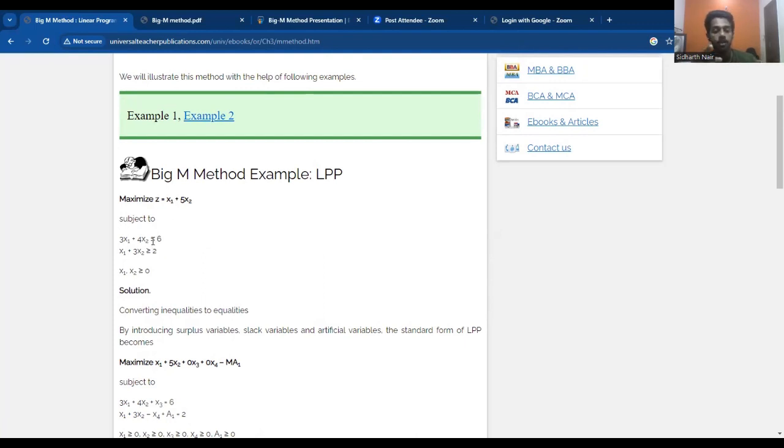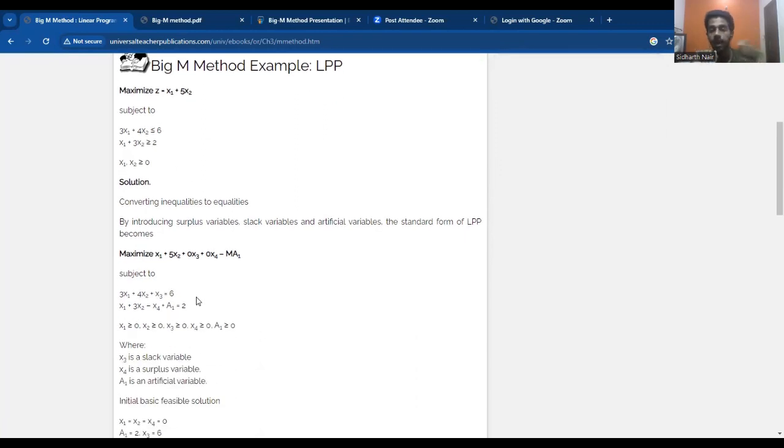Now see, here we have a constraint which is of less than type. So we won't need to add the artificial variable in that constraint. We will just be adding the artificial variable in the second constraint, which is of greater than or equal to type.